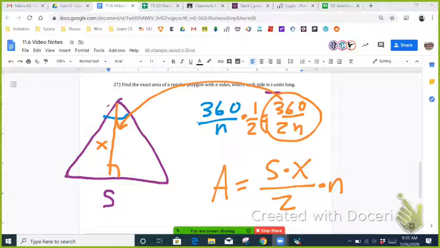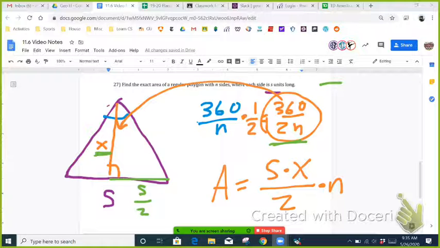So this side here would become s over 2, since that whole side is equal to s. Since this is the opposite leg to this angle, and this is the adjacent leg to that vertex angle that's cut in half, I'm going to use tangent.